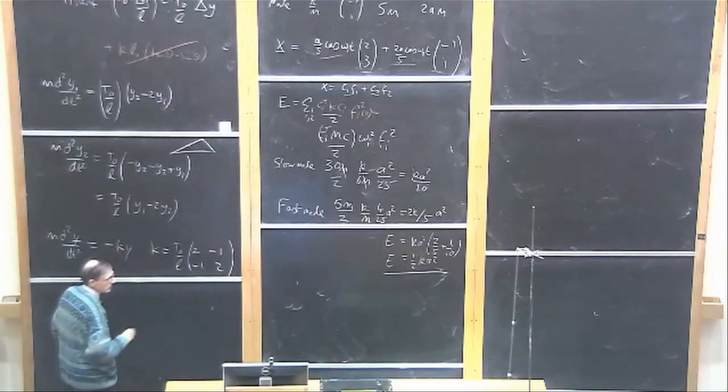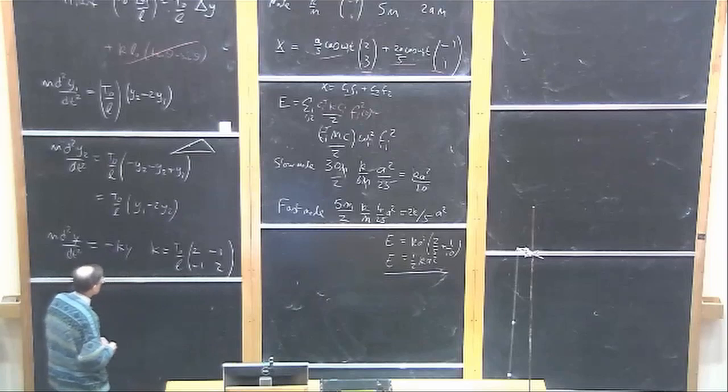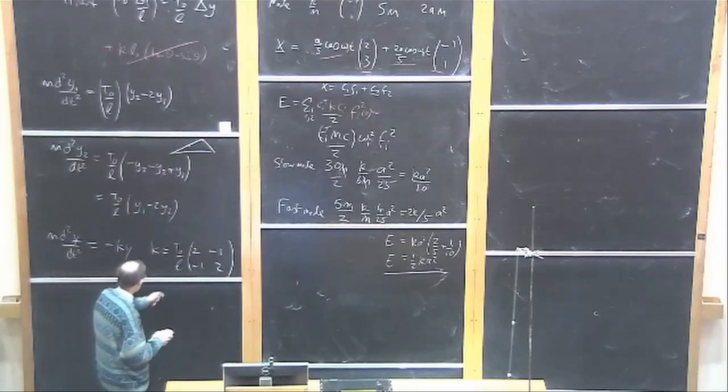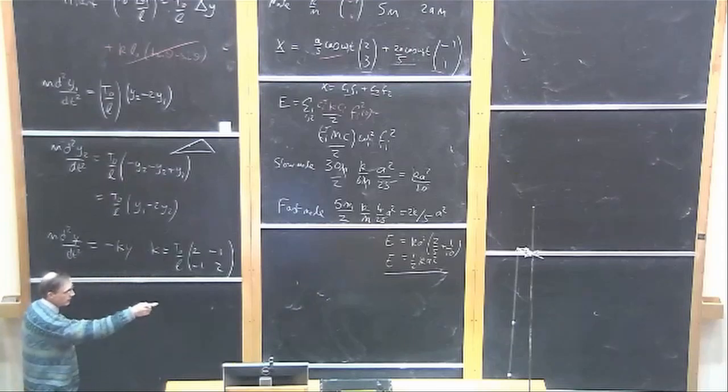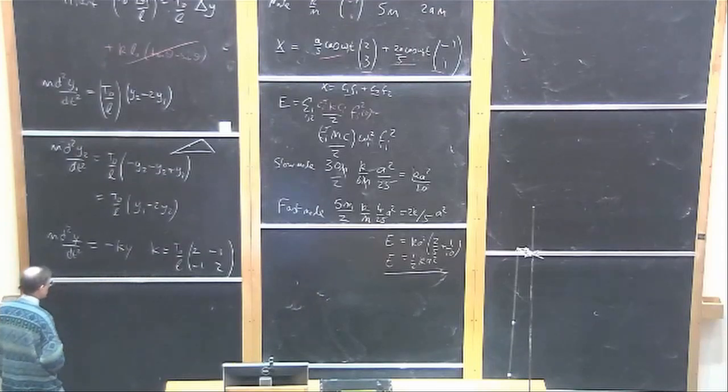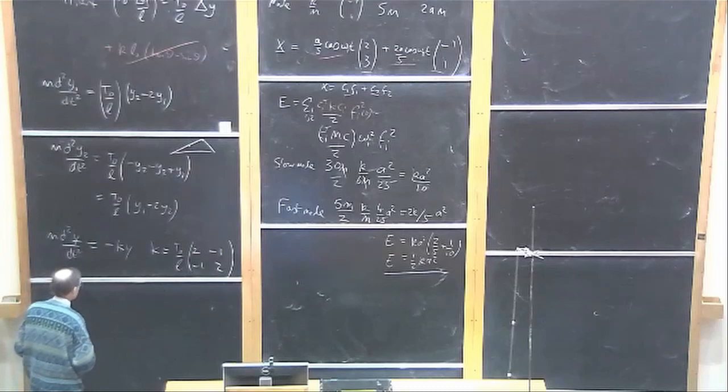Exactly the same as the vertical motion of that system, but with a different spring constant. It's T naught over L, whereas for that system it's just K out the front.